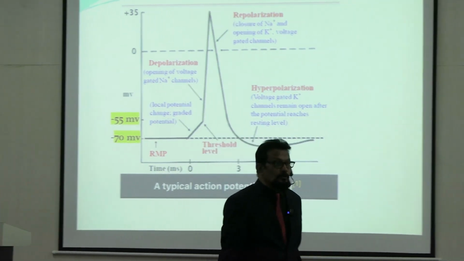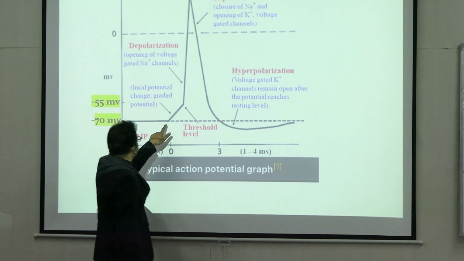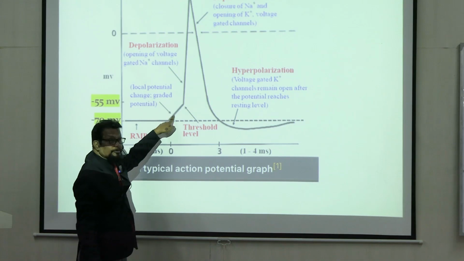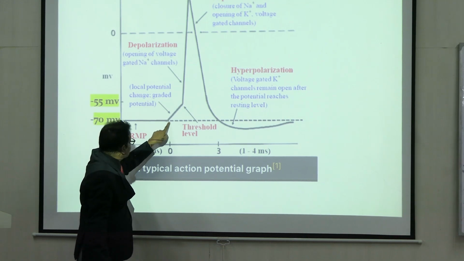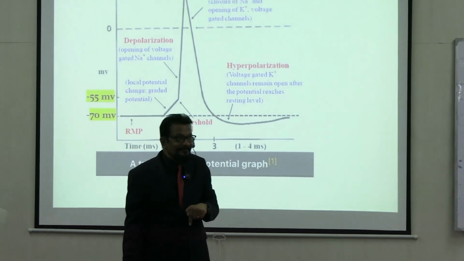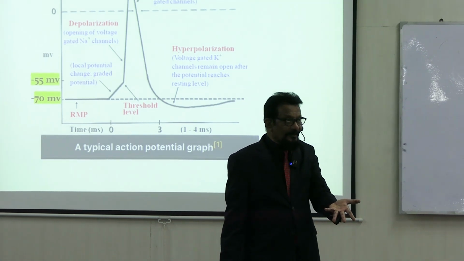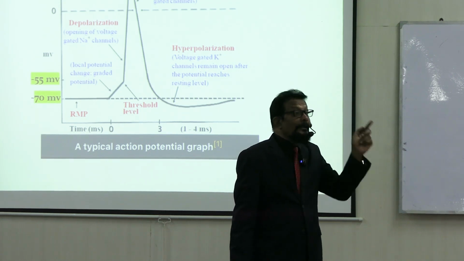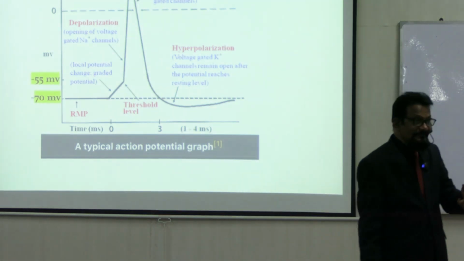Change in potential towards positivity is depolarization. If the change is the other way, it would be more negativity, meaning the cell is going to be hyperpolarized. Then instead of depolarization, there will be hyperpolarization.